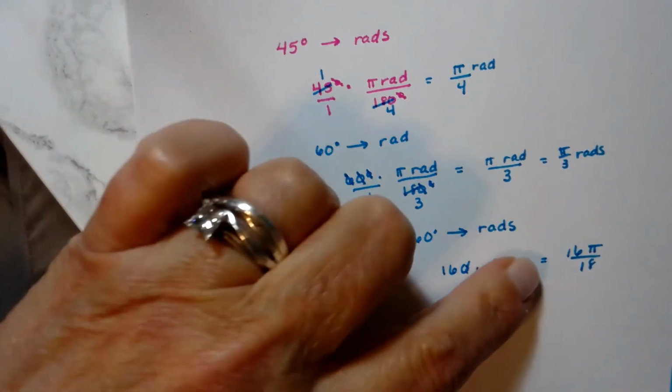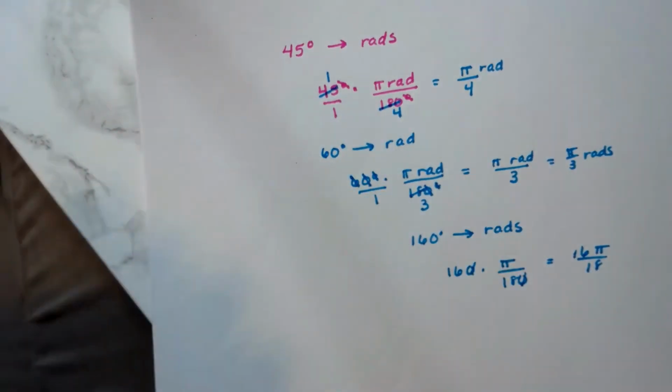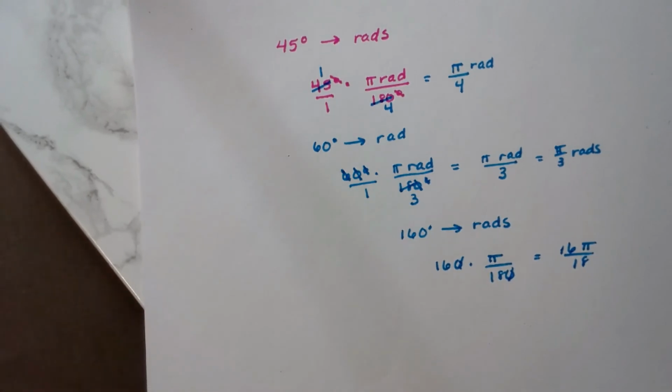And now, remember, you always have to reduce the numerical part. So I want to see what is a number that divides evenly into both 16 and 18? Well, 16 is 4 times 4, or 2 times 8, right? And 18 is 9 times 2, or 6 times 3.